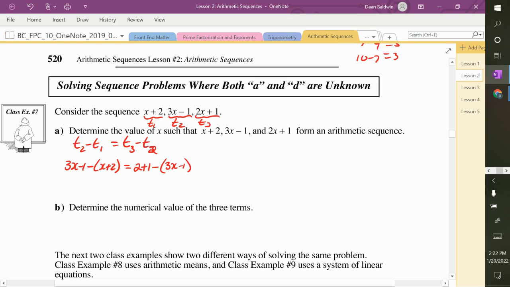Now we're just going to solve for x. This negative goes in here. That's supposed to be an x, isn't it? There we go. 2x plus 3. This negative goes in here.